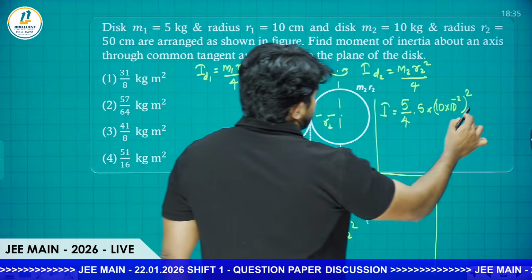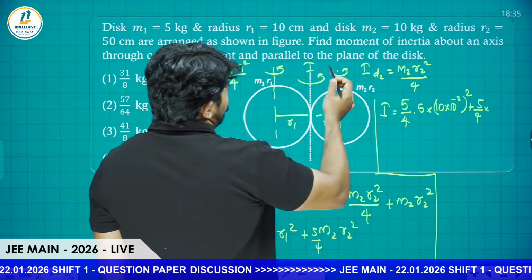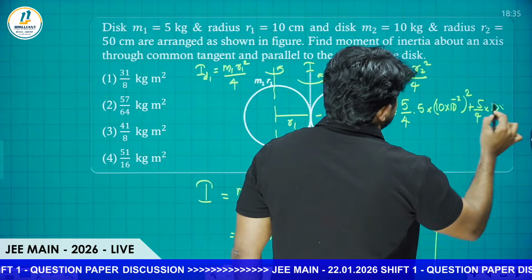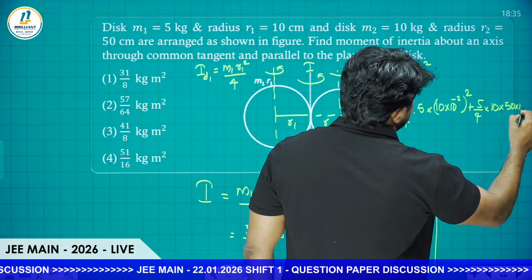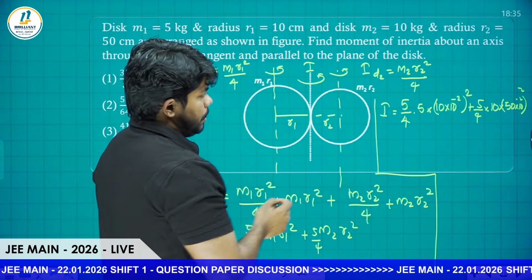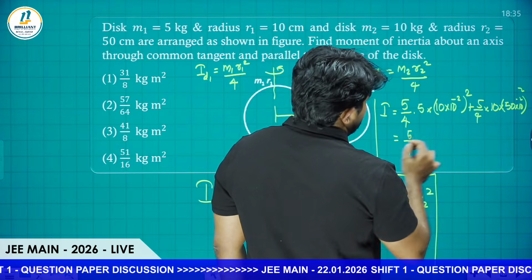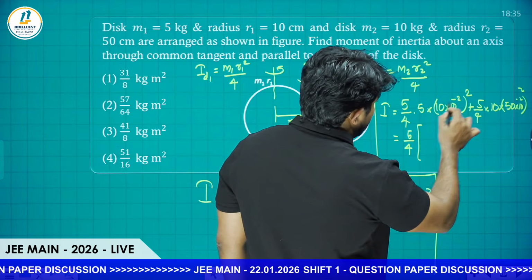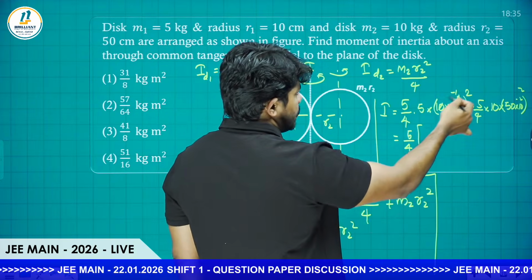Then plus again 5 by 4 times, what is m2? m2 is 10, times r2 is 50 centimeter, so 50 times 10 raised to minus 2, the whole square. Now we can simplify this 5 by 4, and the remaining part will be 10 raised to minus 1, 10 raised to minus 2.